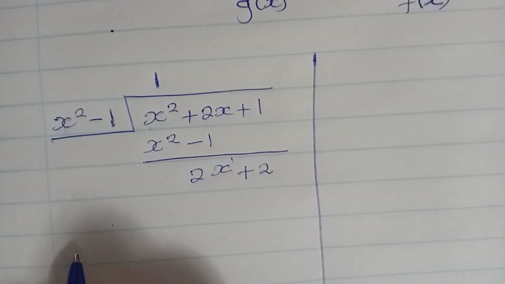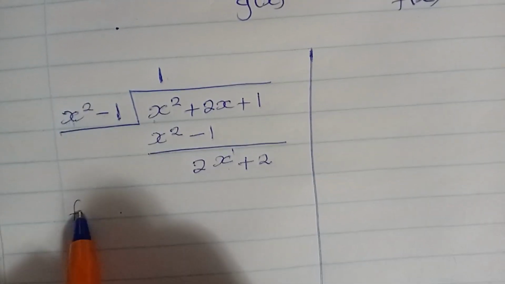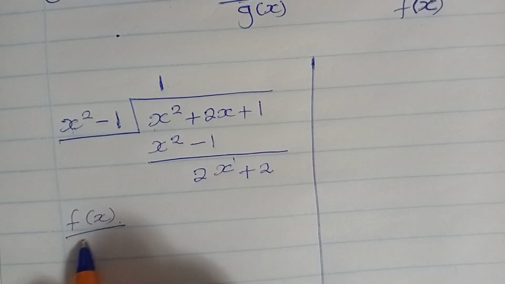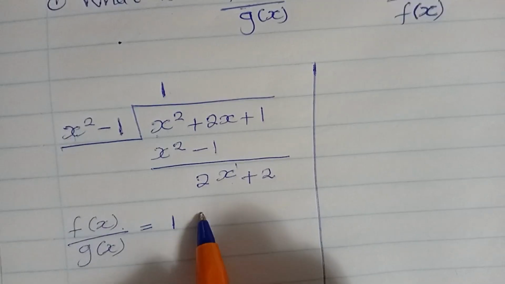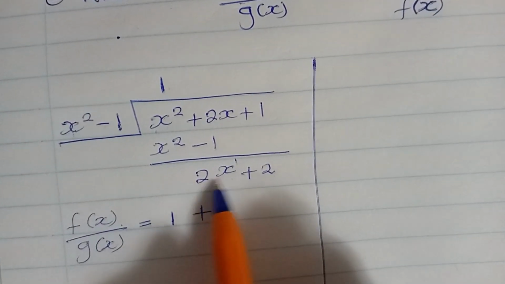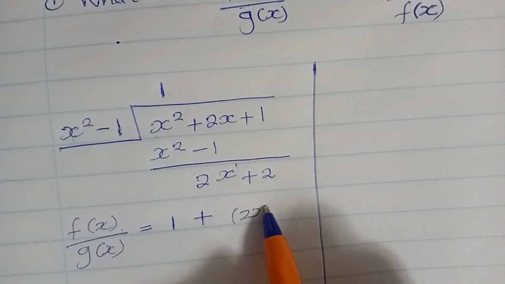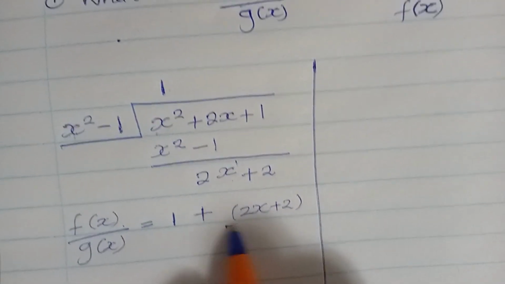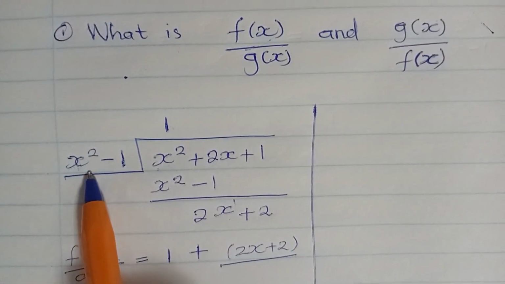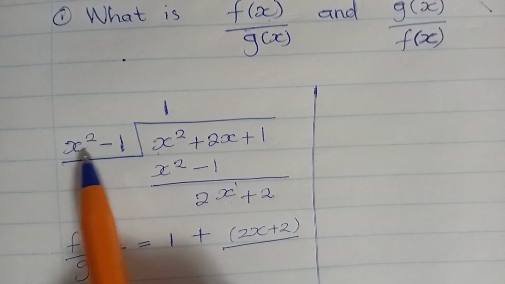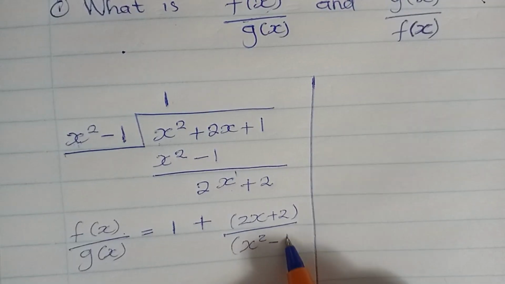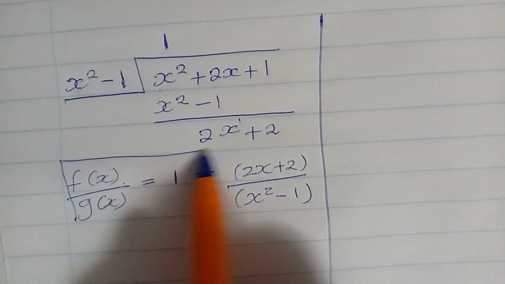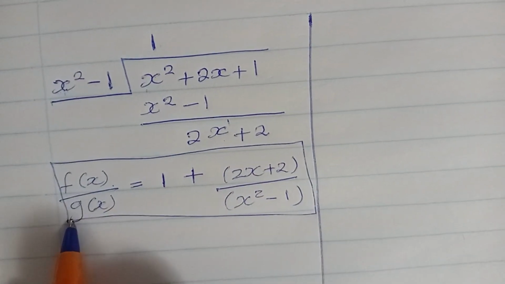So your final answer, if you divide f of x by g of x, is 1 plus our remainder, which is 2x plus 2, divided by what we've been dividing with, the whole denominator function, x squared minus 1. This is your final answer.